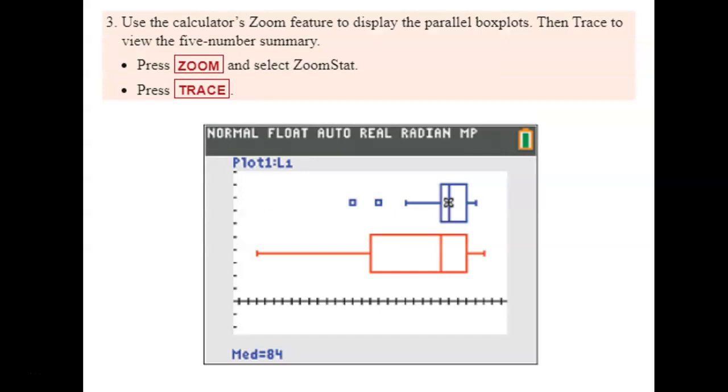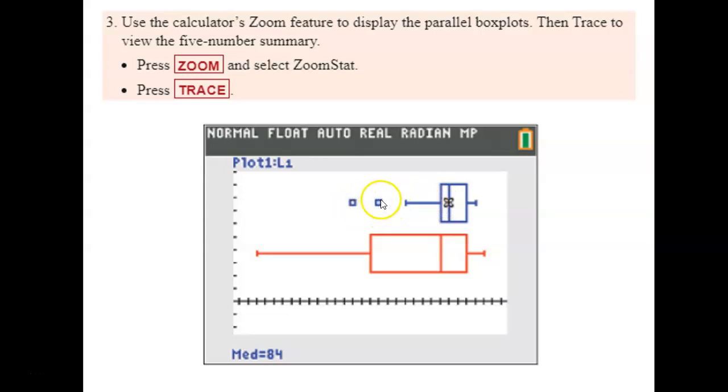So here's what I'm noticing. This is Apple, right? So it doesn't really matter what order we talk about these in, but if I talk about shape, a lot of people would claim that the shape of Apple is skewed left.